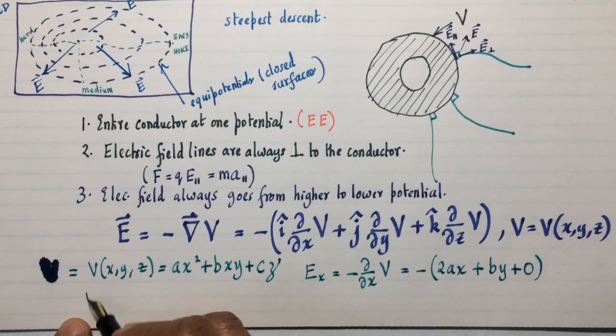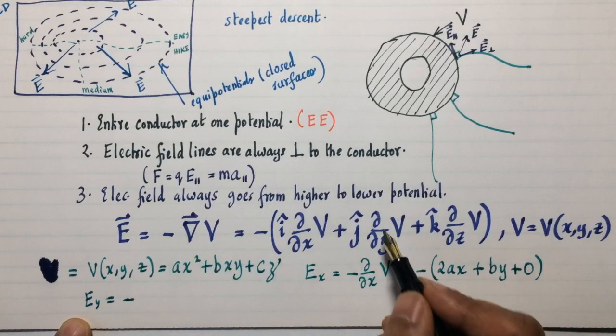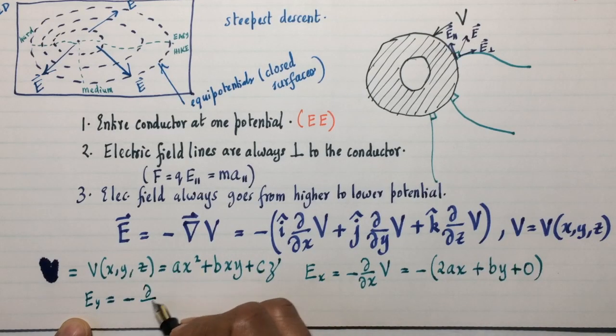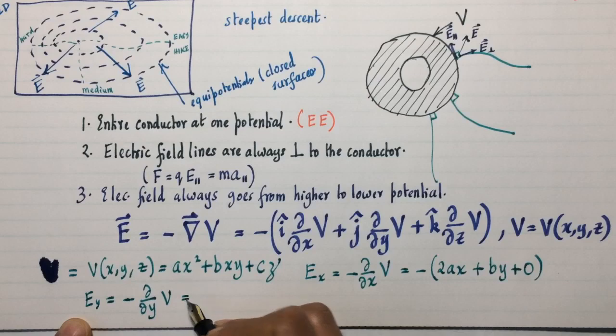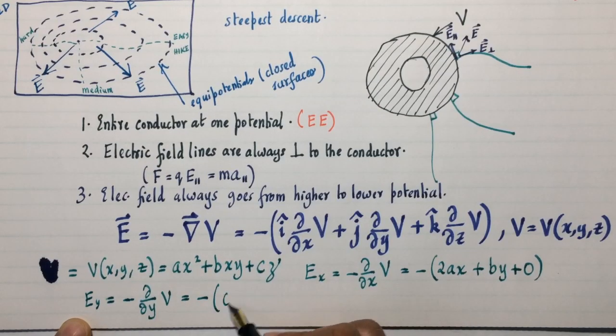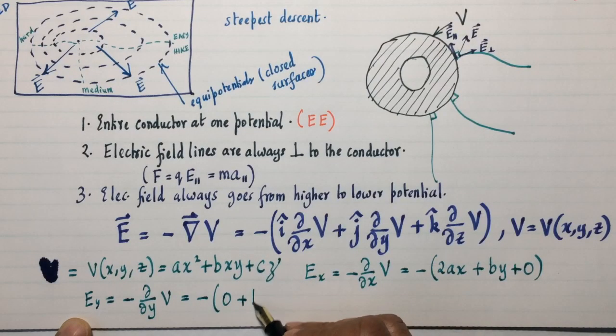The y component of the electric field is, by this equation, negative del by del y of V. Now the first term does not have a y, so that's just going to be 0. The second term does have a y, so b and x are treated as constants now, so I get bx.